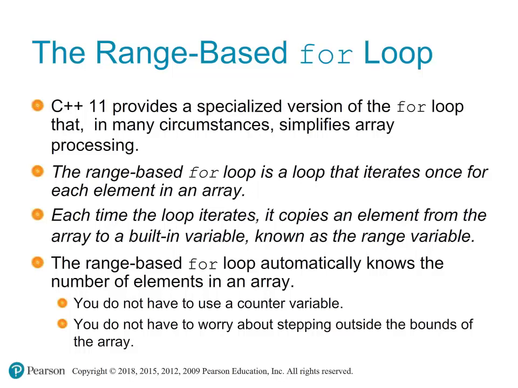It automatically knows the number of elements in the array, eliminating the need for a counter variable. One of the significant benefits of using this loop is that it handles bounds checking automatically, eliminating the risk associated with manual indexing.